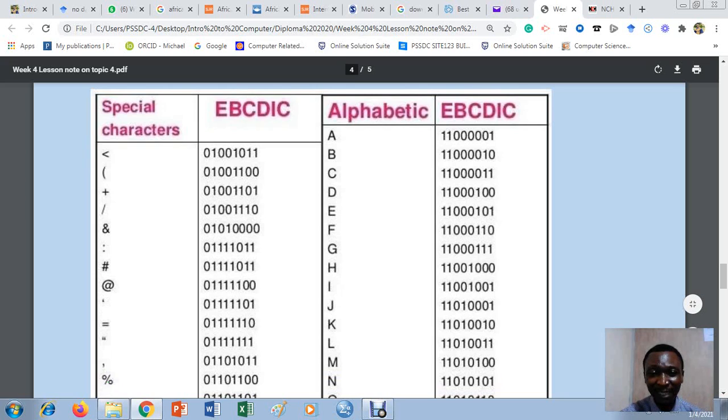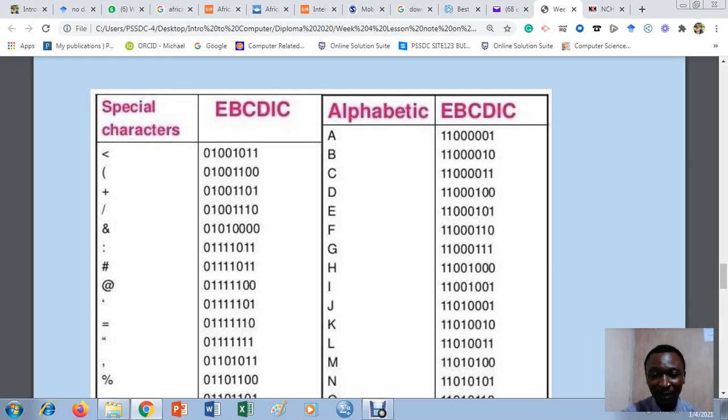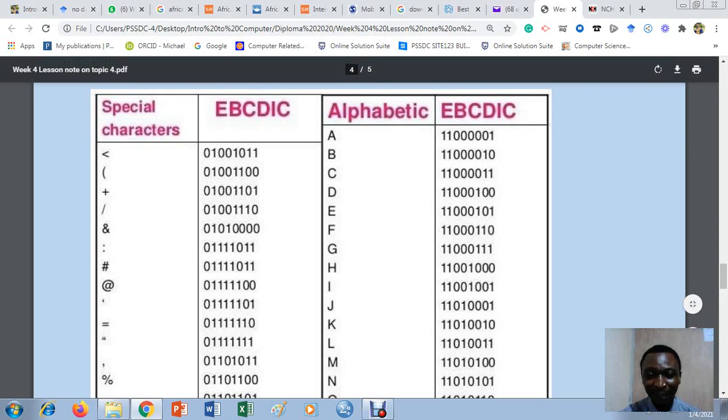It will represent alphabets. Alphabet A, it takes it to be this. Alphabet B, it represents it to be this. Alphabet C, it represents it to be this. Alphabet D, it represents it to be this. E to be this. Now, the logic behind it is very, very simple. If I ask you to give me the alphabetic representation of B and E, or how the computer will recognize B and E, it's very simple.